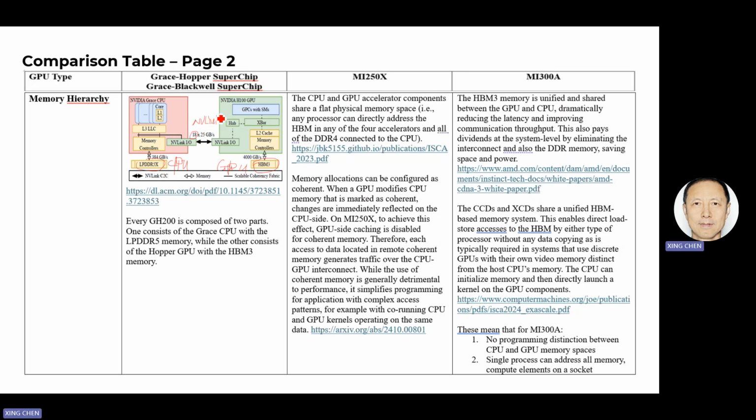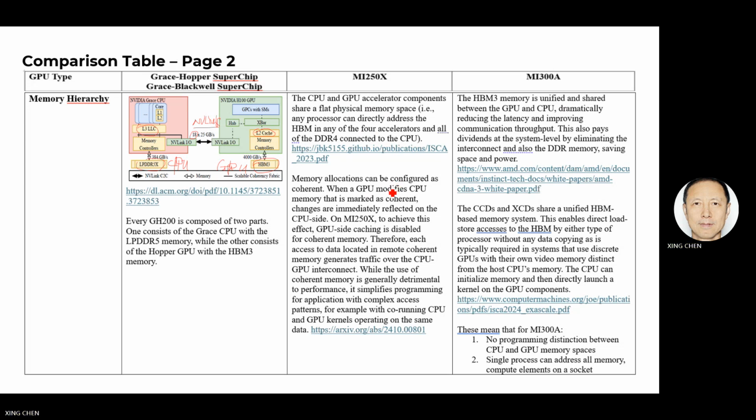So you have these two types of memory in the memory hierarchy. You also have the cache for the GPU and the cache for the CPU. So you have separate memory hierarchies for the CPU and the GPU.